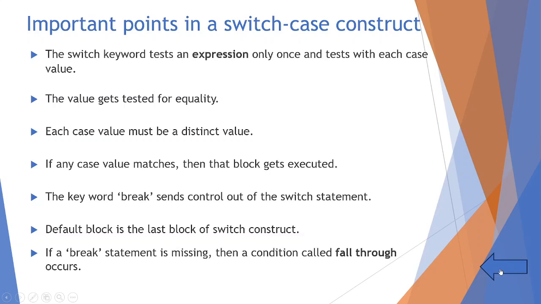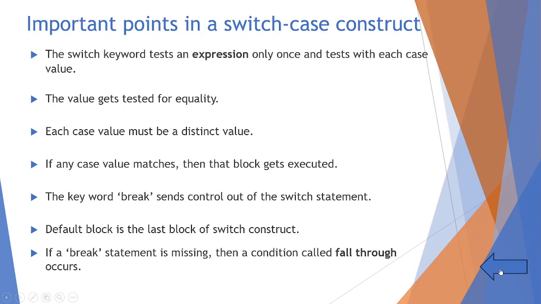Now, each case value must be distinct. I cannot have case 1 two times or more. If any case value matches, let's suppose we have given 3 and it matches 3, then that block gets executed, and the keyword break sends control out of the switch statement. Default block is the last block of the switch construct.